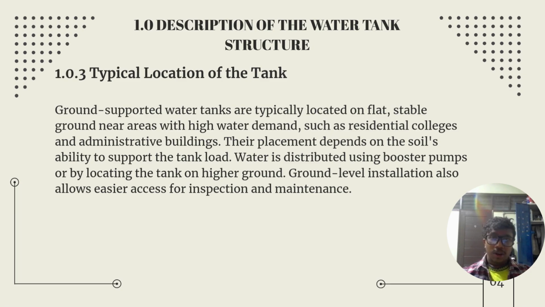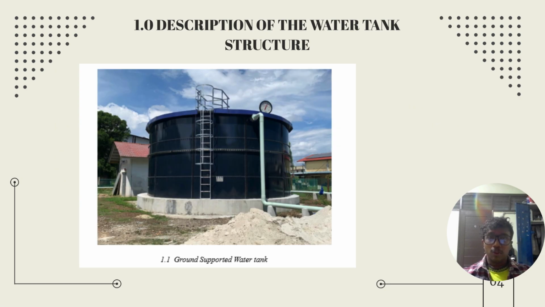Not only that, water is distributed using booster pumps, or by locating the tank on higher ground. Ground level installation also allows easy access for inspection and maintenance. This is a clear view of the tank we chose near our university.